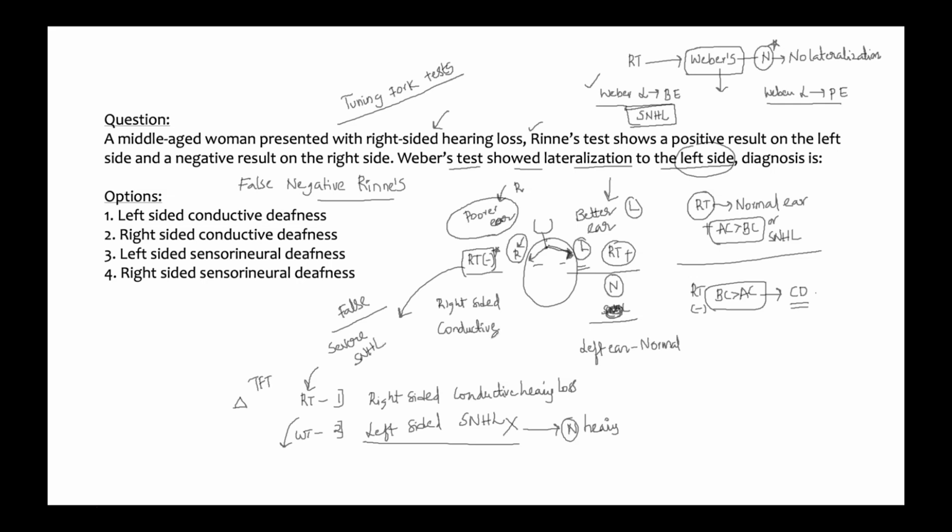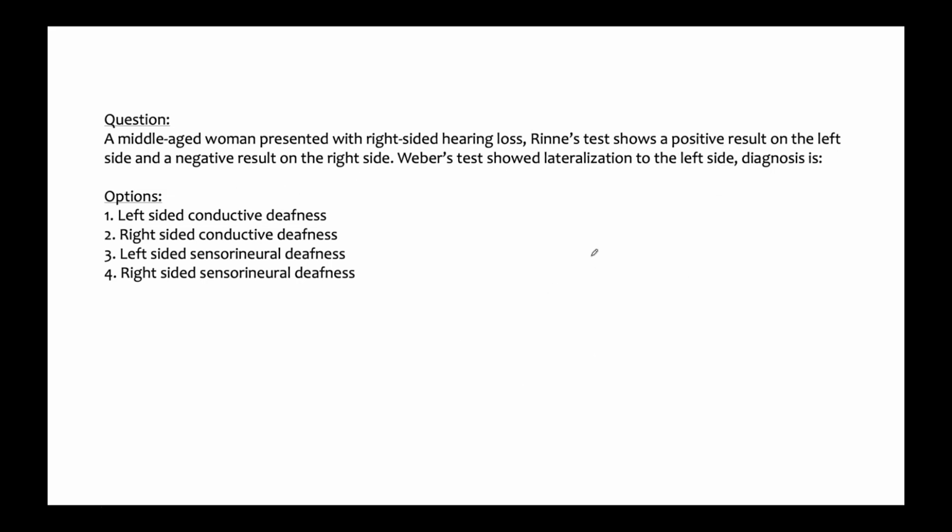Because the patient has very severe right-sided sensory neuronal hearing loss, there is discrepancy in the tuning fork test results. Let me make it simple and clear for you. Here Rinne's is negative on the right side, but if it is negative on the right side, the Weber should have been lateralized to the poorer ear, but instead it is getting lateralized to the better ear.